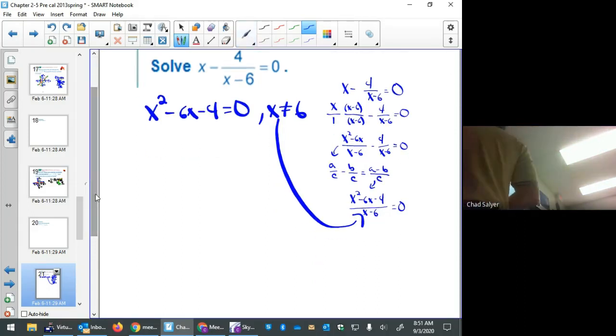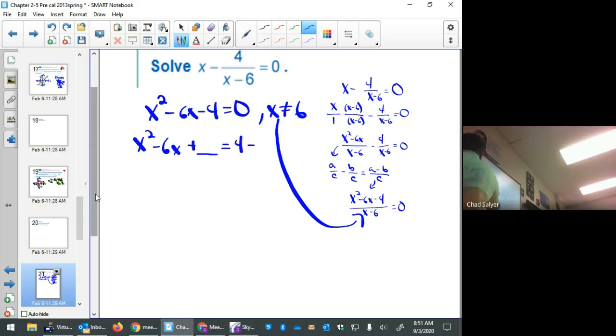All right, so I want to use completing the square here, because this is a problem that just cries out for it. So I'll rearrange it into this format by adding 4 to each side, and then making room to complete the square on the left and balance the equation on the right.